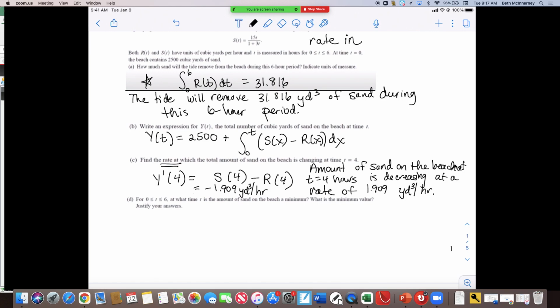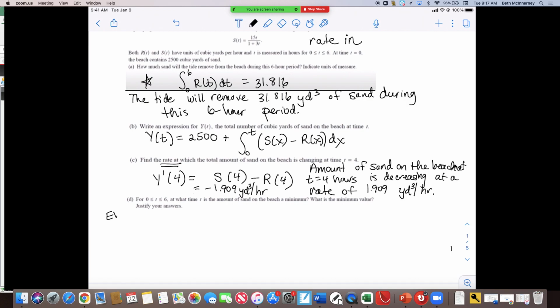For letter D, for time between 0 and 6, and notice this is a closed interval, it says at what time t is the amount of sand on the beach a minimum? So I want to know at what time, and then it asks me what is the minimum value.